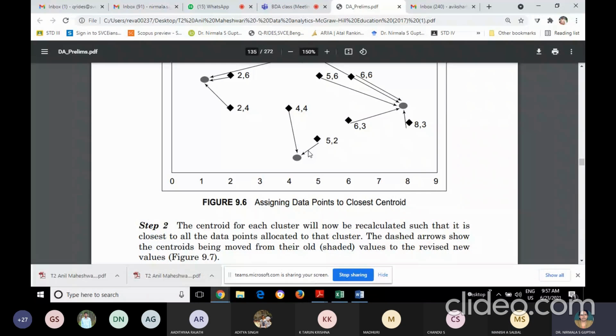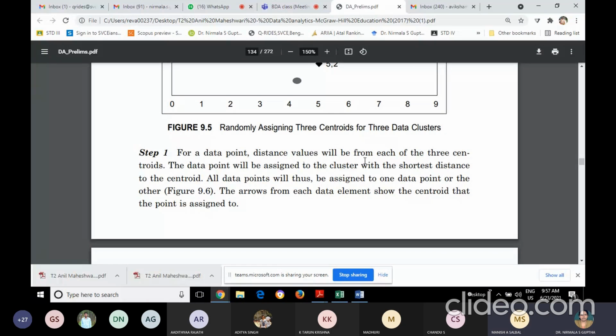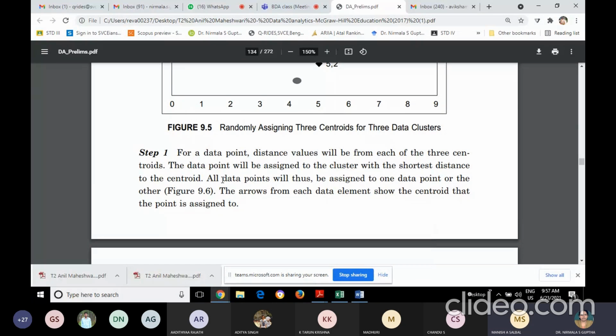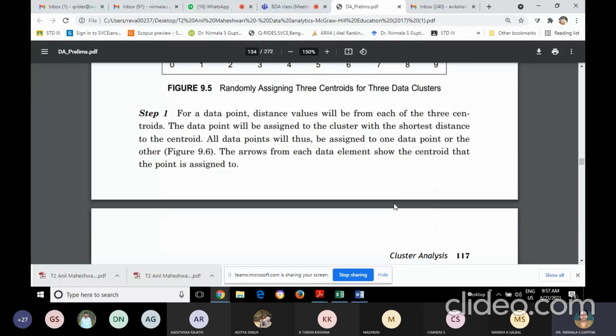So the first step is, for each data point, the distance values from each of the three centroids are computed, and the data points are assigned to the cluster with the shortest distance to the centroid. All the data points are thus assigned to one centroid or another, and the arrows from each data point show the centroid that point is assigned to.